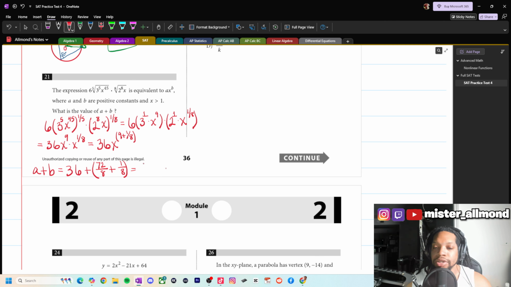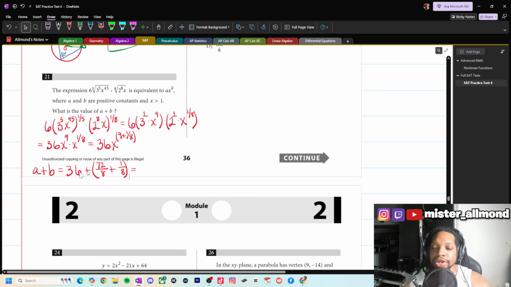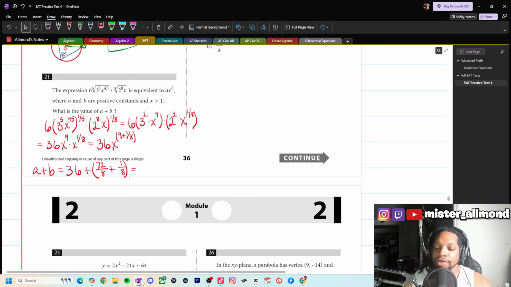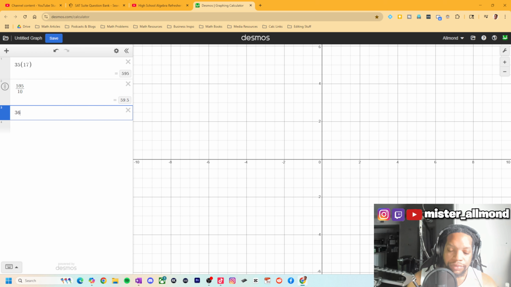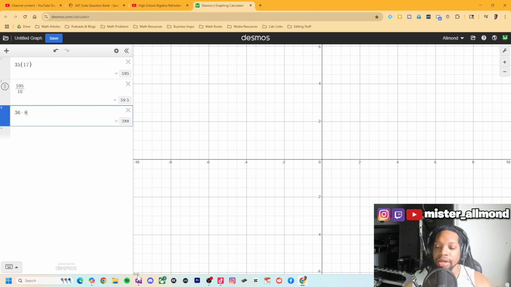72 plus 1. I don't know for questions like this how they want y'all to type it in. But actually, since I can use a calculator, I'm going to write the whole thing as one big fraction. So 36 over 1, I'm going to figure out what that is over 8. That's 36 times 8, 288.